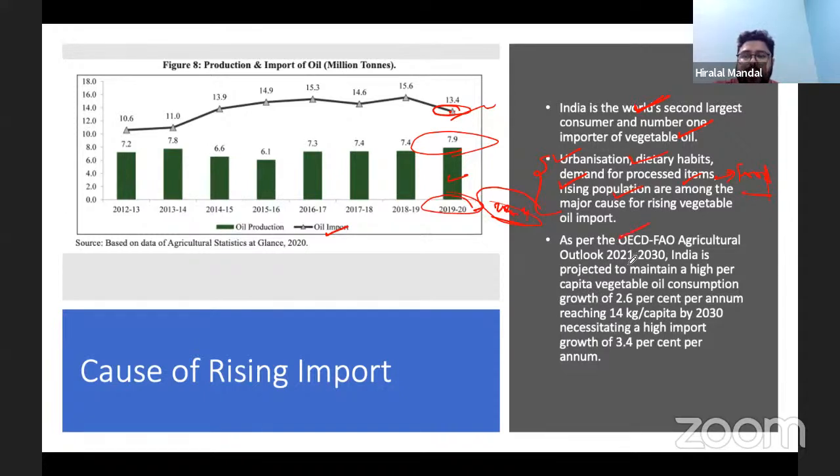According to an estimate by the Organization for Economic Cooperation and Development and the Food and Agriculture Organization, in its agricultural outlook for 2021 to 2030, it has projected that India will maintain a high per capita vegetable oil consumption, and therefore there will be a growth of 2.6% per annum in consumption of vegetable oil in the country.